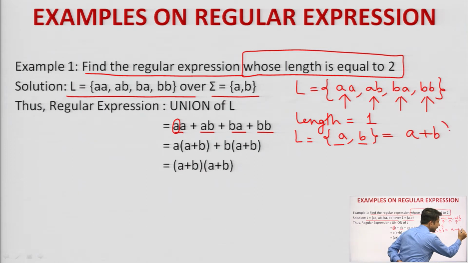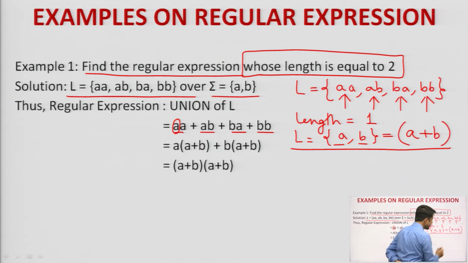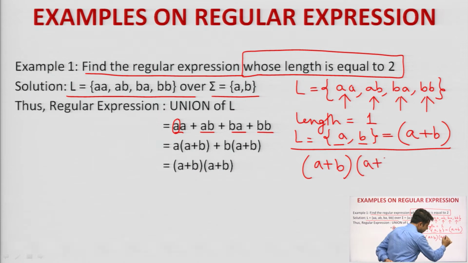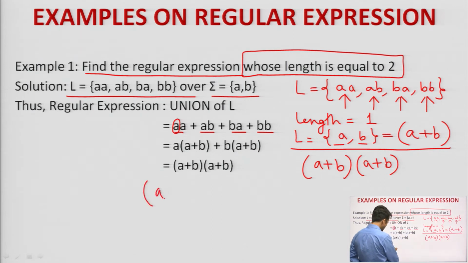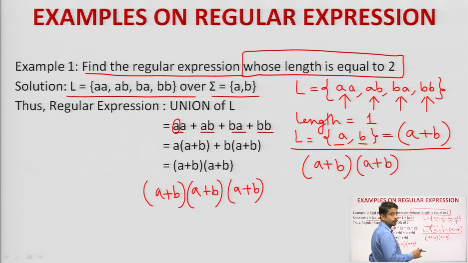Therefore, expression will be A plus B. And if I say this is the expression for length equal to 1, okay, then length equal to 2 will be A plus B into A plus B, correct. If I say length is equal to 3, then it will be A plus B into A plus B into A plus B. If length equal to 4, A plus B, A plus B, A plus B, A plus B, got it.